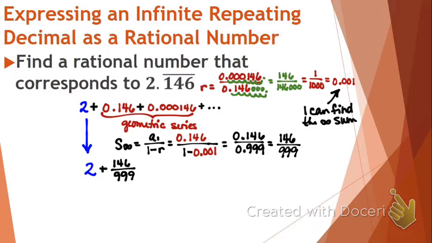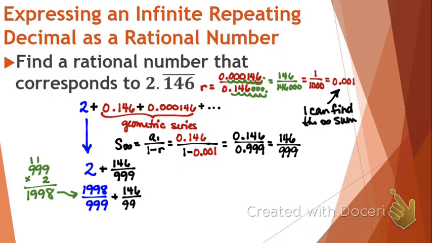How do I write 2 with a denominator of 999? 1,998. So I rewrite this as 1998 over 999 plus 146 over 999.